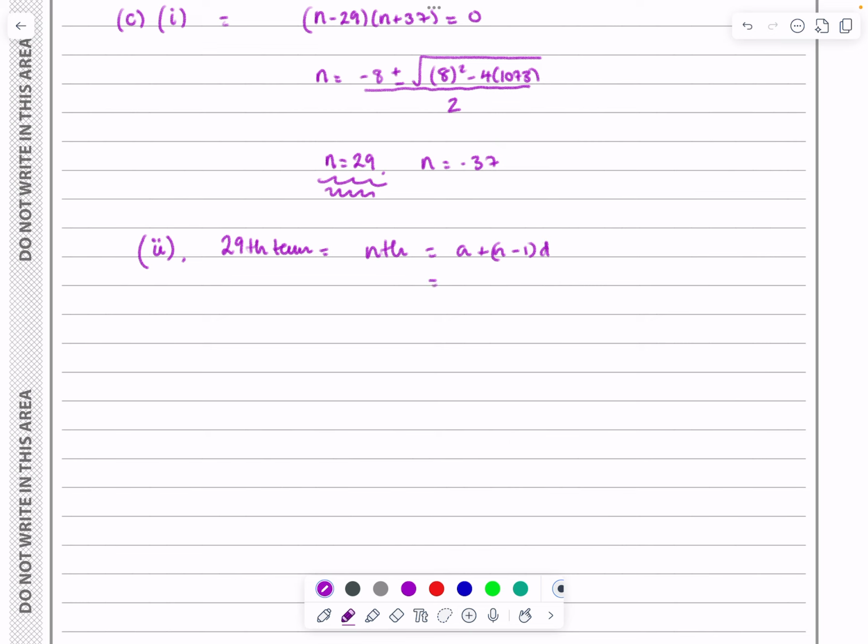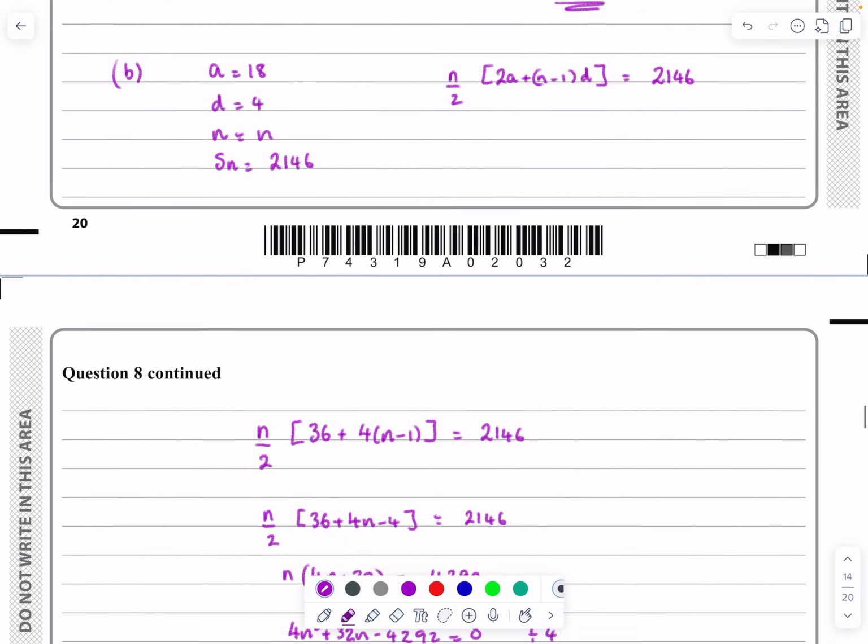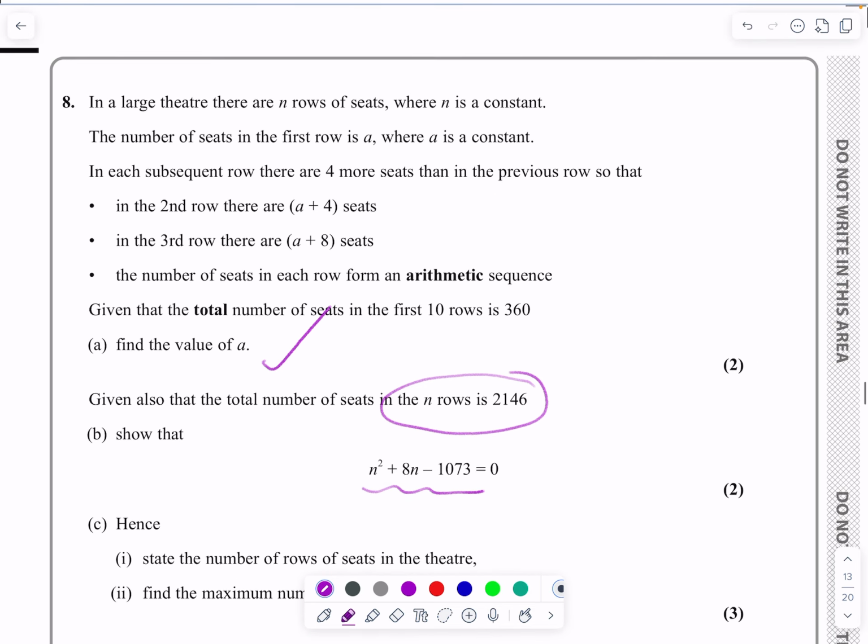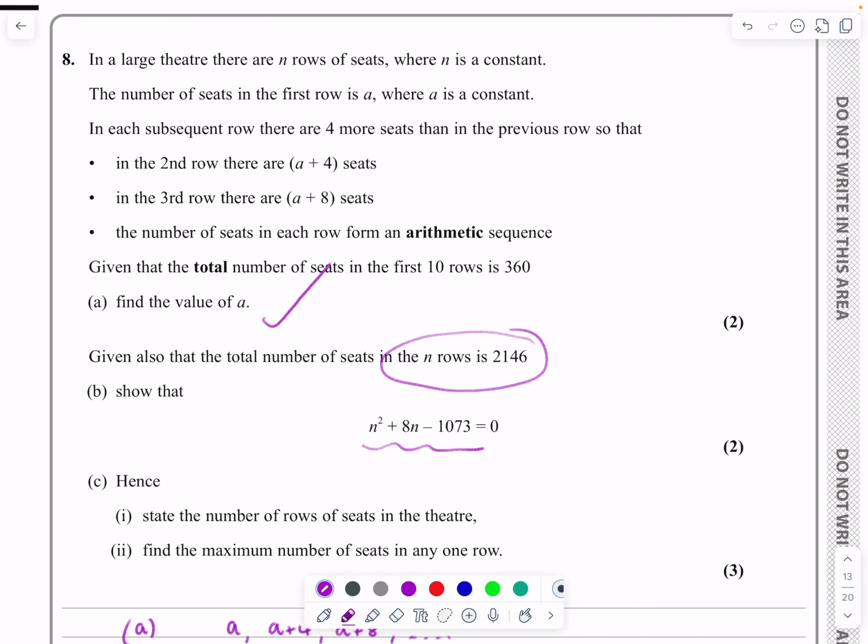So for the 29th term, it's going to be 18 plus 29 minus 1, 28, multiplied by 4. That works out to be equal to 130. So the number of seats in the last row is 130, and that's the maximum number of seats in any one row. So not too bad a question. The question looked really not very nice in terms of the size of it on first reading, but then it worked out to be relatively straightforward, I think.